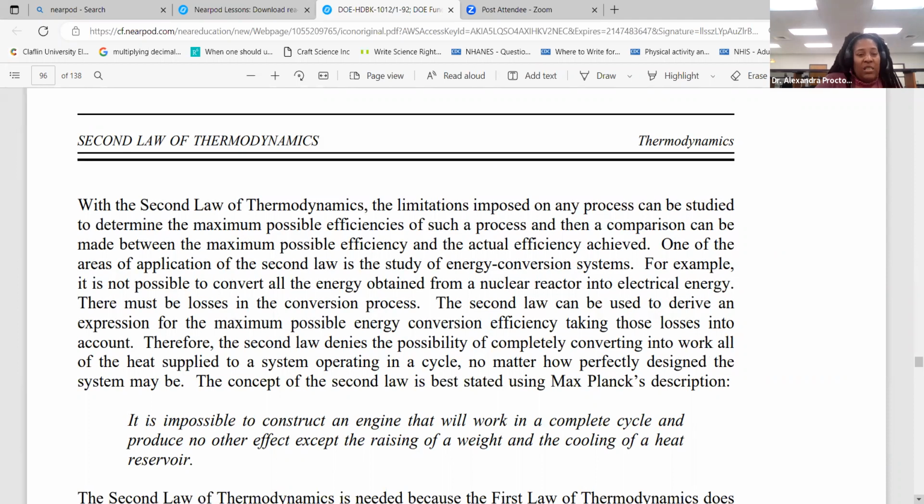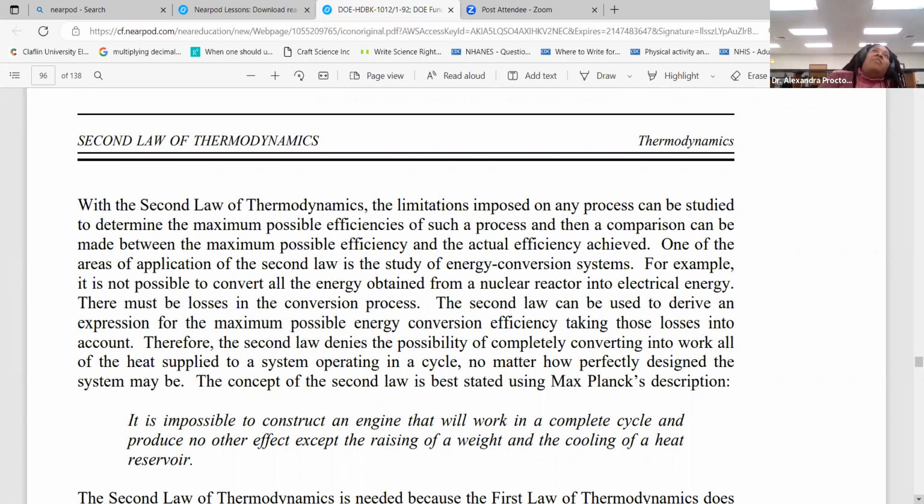For example, it's not possible to convert all the energy obtained from a nuclear reactor into electrical energy. You're going to have different ways that that energy gets transformed other than electrical energy. So there must be losses in this conversion process.